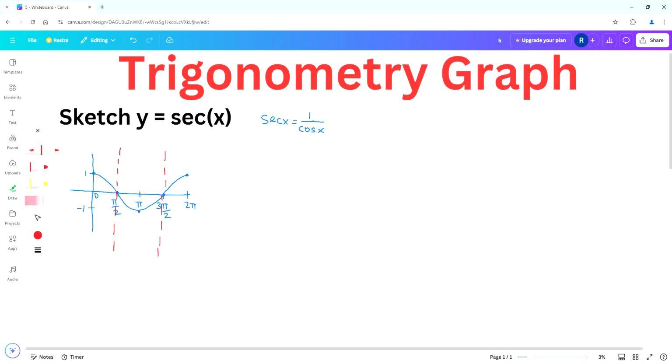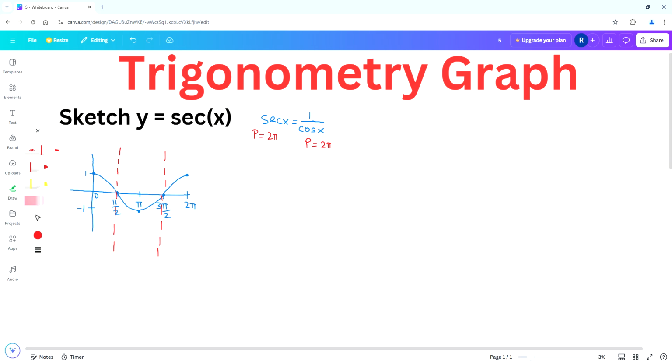The graph of secant x is a collection of curves between consecutive vertical asymptotes. The period of cos x function is 2 pi. So the period of secant x function is also 2 pi. Between these vertical asymptotes at pi over 2 and 3 pi over 2, the cos x function forms a trough at x equals pi.